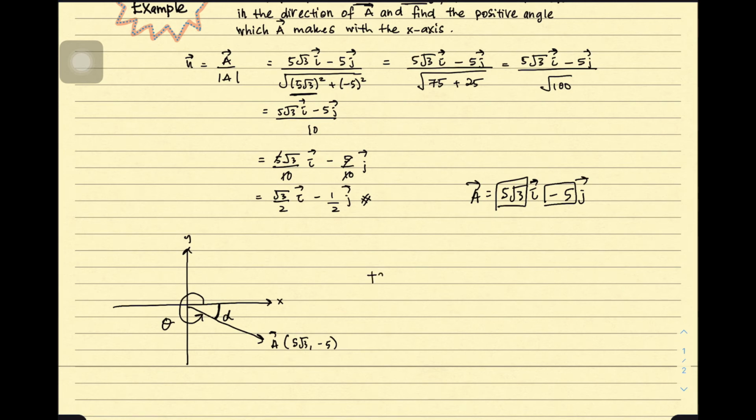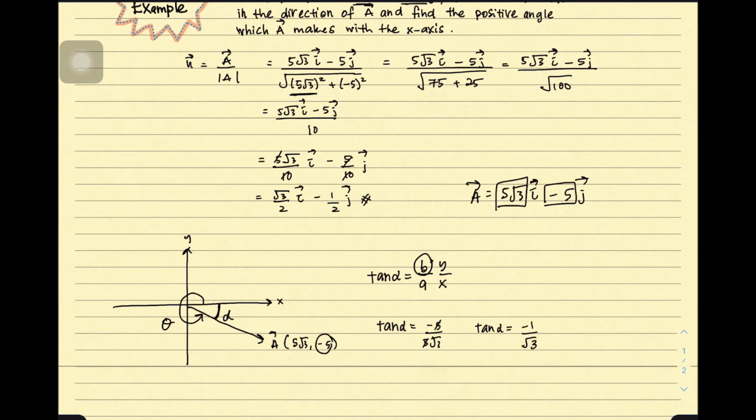To find tan alpha, the formula is b over a, where b is y and a is x. Okay, so if we want to find tan alpha here, our y is negative 5, our x is 5 root 3, so you can simplify here. So tan alpha is equal to negative 1 over root 3.